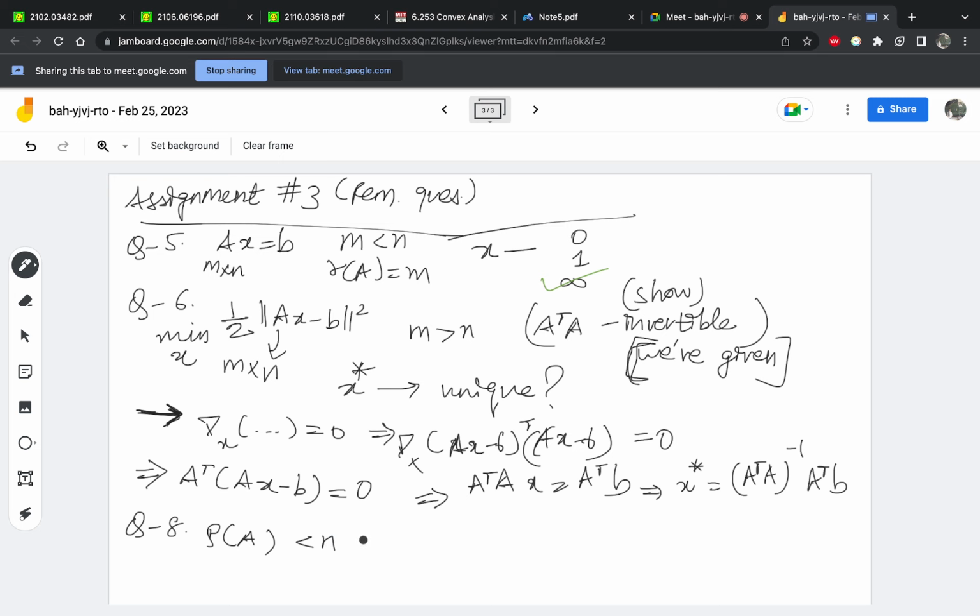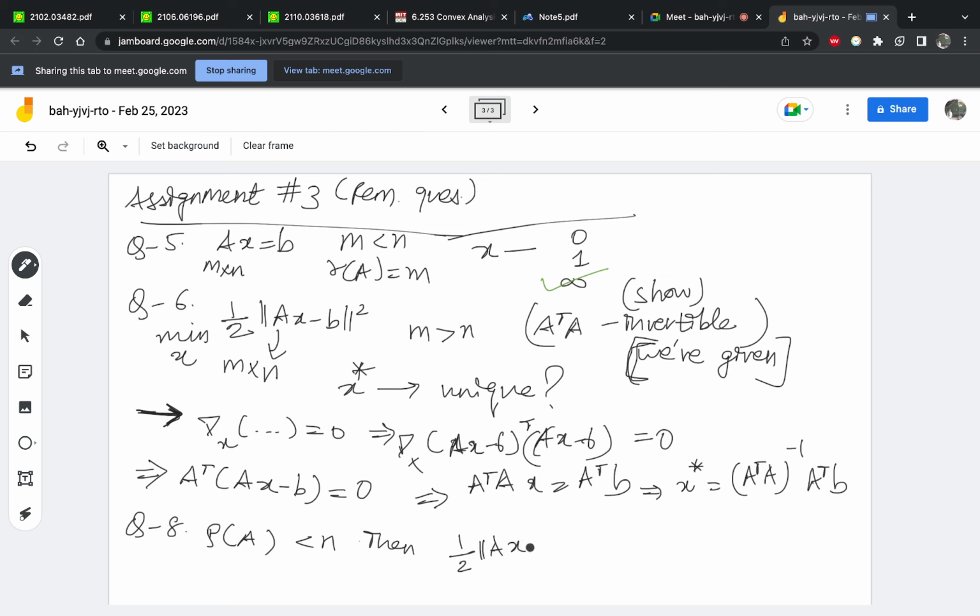In this case, what we do is add something to this matrix so that it becomes full rank, and then take an inverse of that full rank matrix. One way to do it would be to optimize a slightly modified objective function.